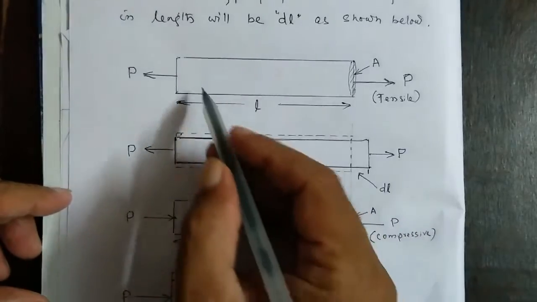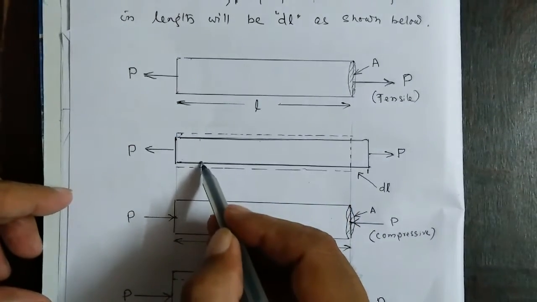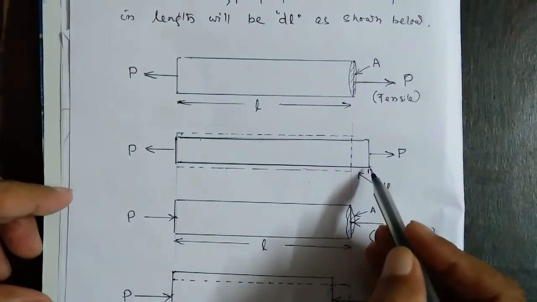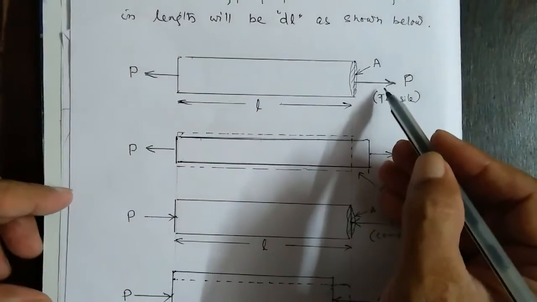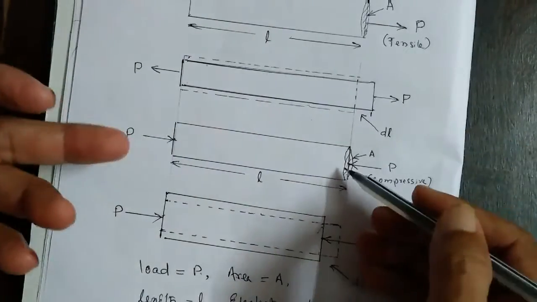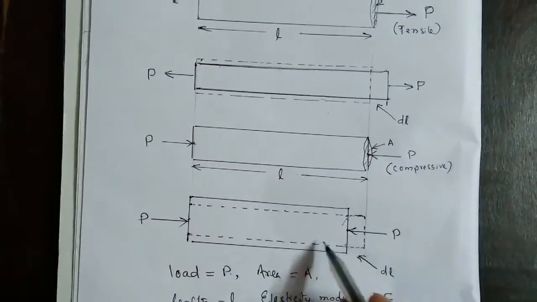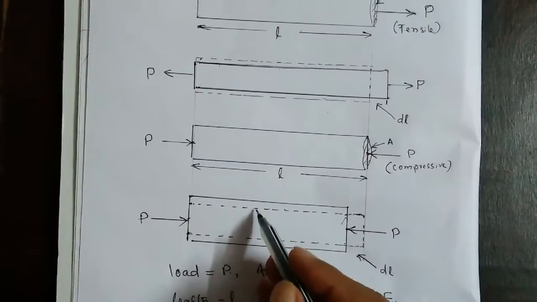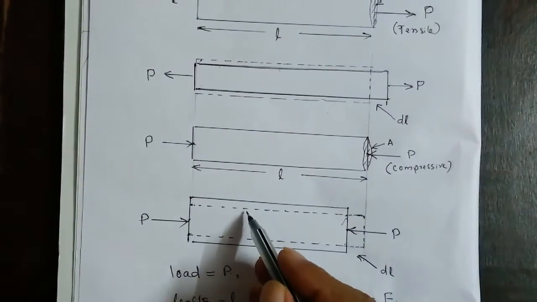At the same time, the diameter, which is this much initially, is reduced. So diameter is reduced, but the length is increased. Similarly, if the load is compressive instead of tensile, the load will be inward, the length decreases by the same amount dl, and the initial diameter is increased.